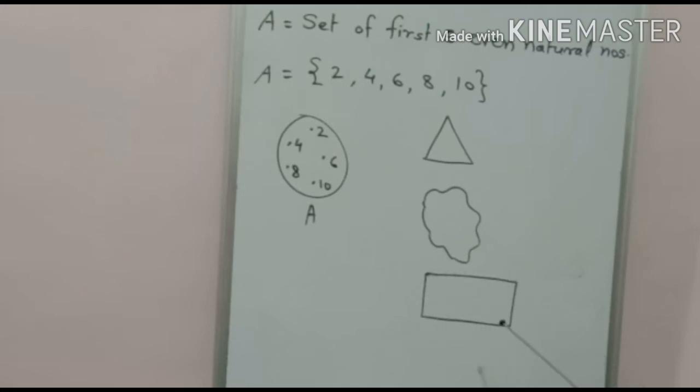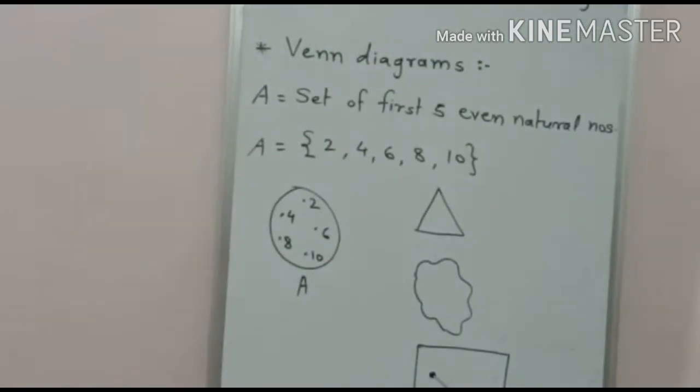This rectangle we usually use to represent the universal set. What is universal set? That we see later. But remember, this rectangle is for universal set. Okay, students. So these figures are what? Given by Venn and hence known as Venn diagram.